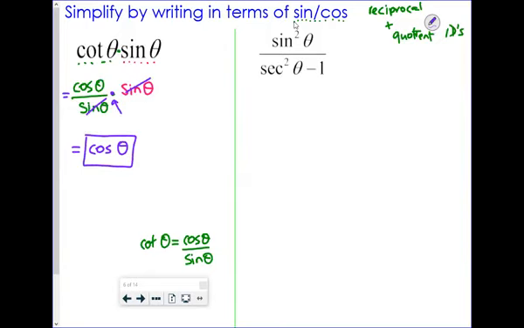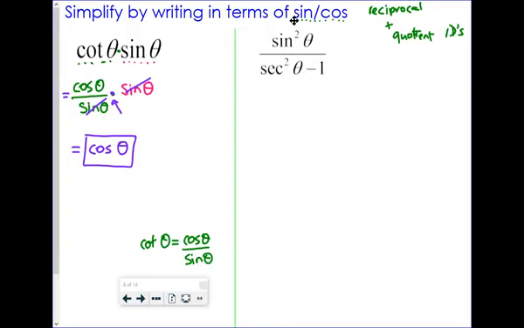If this had been cos theta over sine theta plus sine theta, you absolutely cannot do that. That would be terrible. That's not multiplication. You can only cancel factors, not terms.